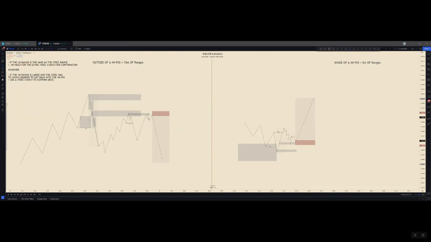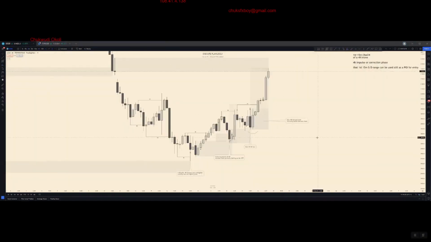Could you go to the 4-hour chart? Yeah, 4 hour. I have a problem with the 4-hour POIs, because previous week we used the Doji candles POI here. Two candles left.